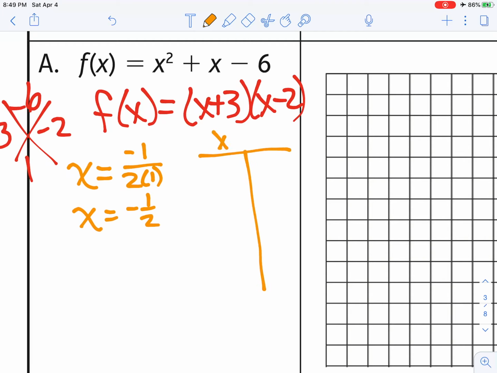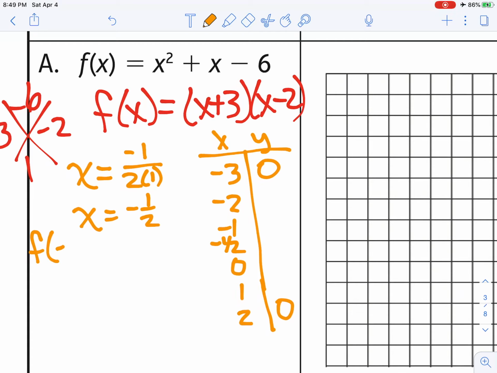So we know so far that -3 is going to get me 0, and then 2 is going to give me a 0. But the vertex point is actually right here. It's halfway in between 0 and -1. So we have to plug that in.